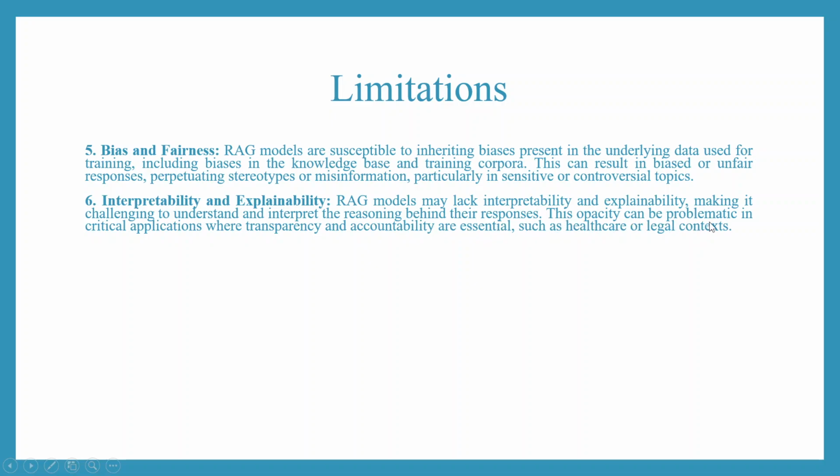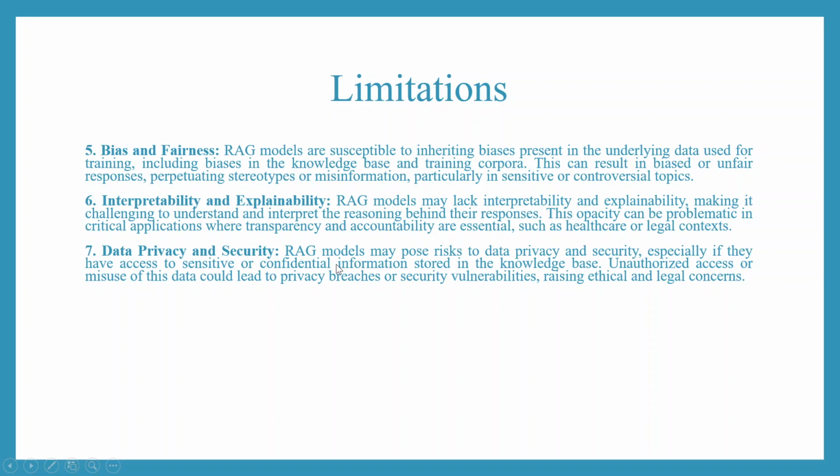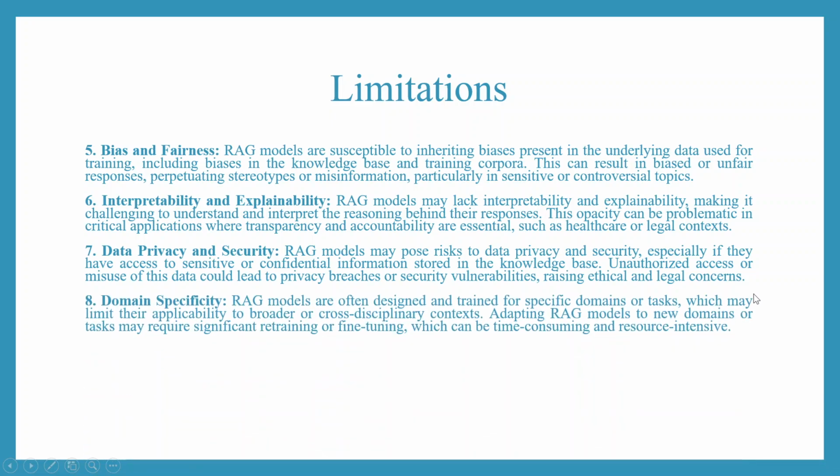This opacity can be problematic in critical applications where transparency and accountability are essential, such as healthcare or legal contexts. RAG models may pose risks to data privacy and security, especially if they have access to sensitive or confidential information stored in the knowledge base. Unauthorized access or misuse of the data could lead to privacy breaches or security vulnerabilities, raising ethical and legal concerns.